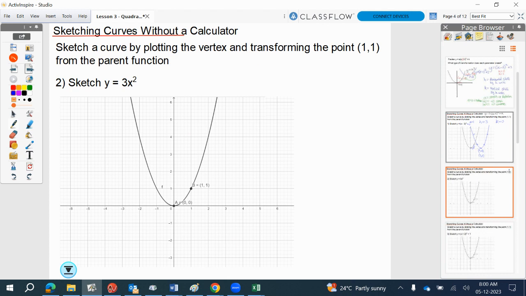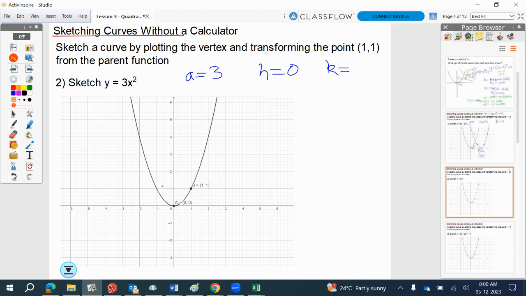Okay, what is the value of a, h, and k this time? A is 3. What is the value of h? 0.